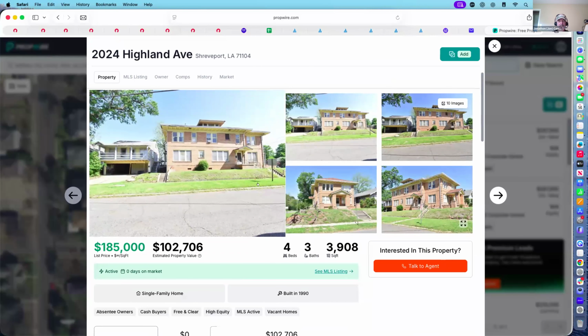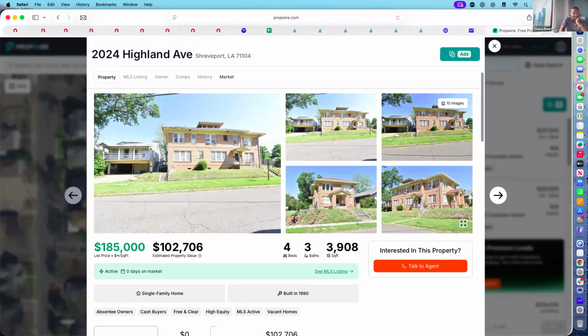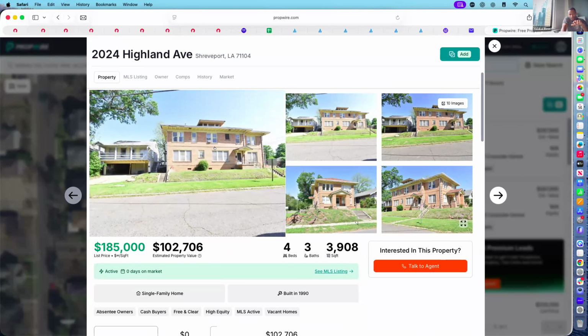Right. This one in Louisiana is not too far from the subject property, that abandoned piece of shit we just looked at, right?